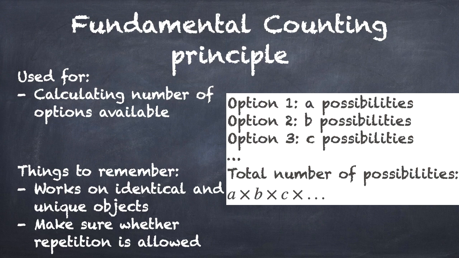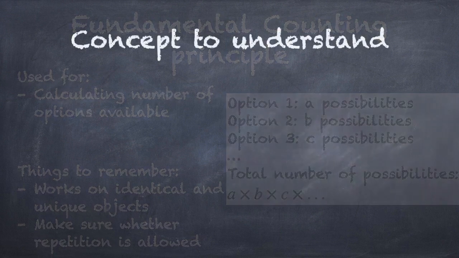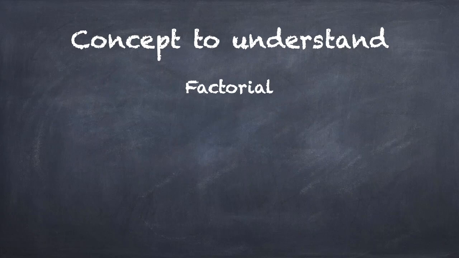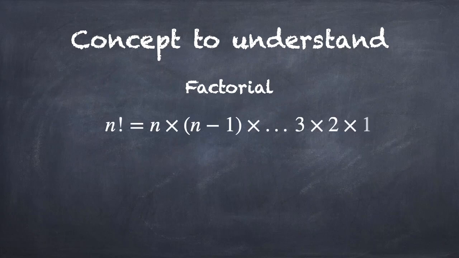So before we can get to any practical sums or anything, we are going to have to look at an important concept called the factorial, which is n with that exclamation mark. Now, n with the exclamation mark means n times n minus 1 times n minus 2, all the way down to 3 times 2 times 1.